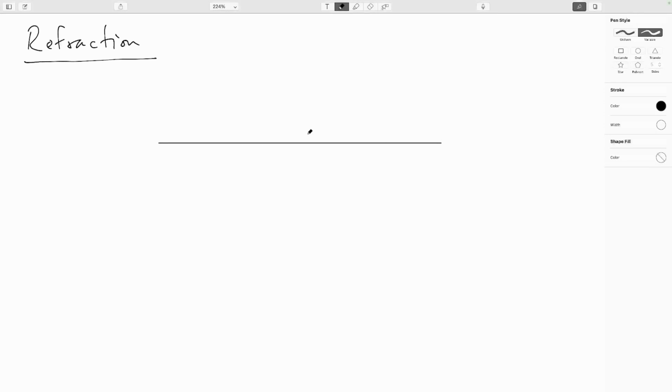And that was that when light was coming in on some surface, like let's say air and glass, but it doesn't matter as long as the two surfaces have different indices of refraction, I said that light hitting the surface here would reflect off. Some of it would reflect off. We'll call this the reflected ray. And some of it would transmit on through.